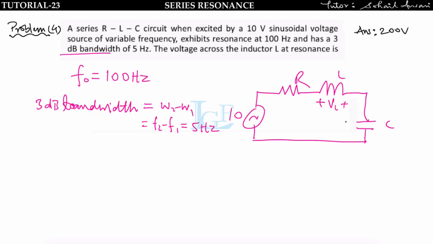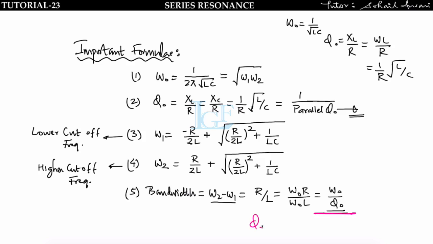At resonance, what will be the voltage across inductor L? I have derived one expression, that is quality factor Q naught is equal to omega naught upon omega 2 minus omega 1, where omega naught is the resonance frequency.